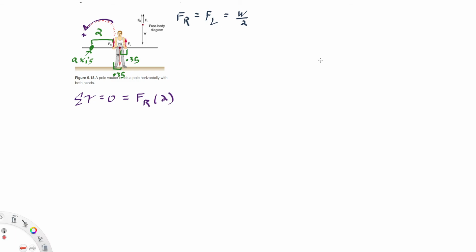Exactly. FL is going to tend to cause exactly the same kind of movement. Yes, and if the axis was on the other side, Fr would tend to push that long side down and rotate it clockwise.